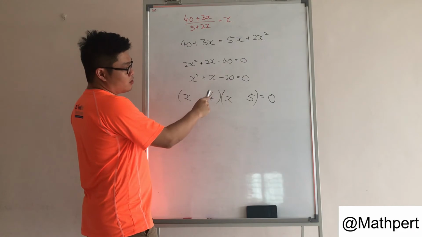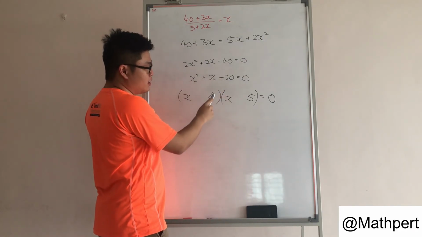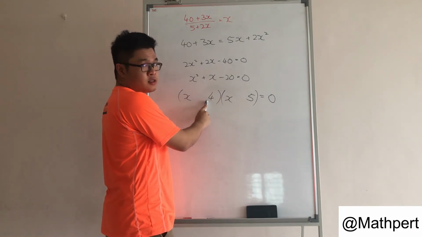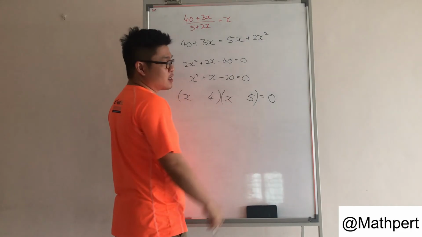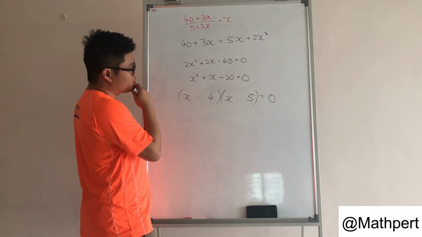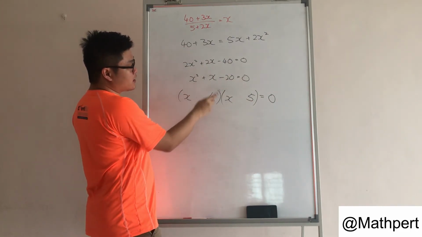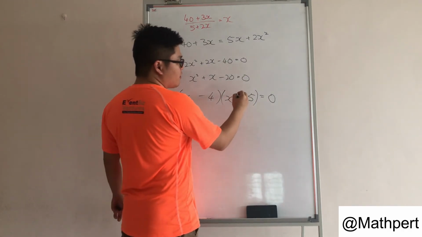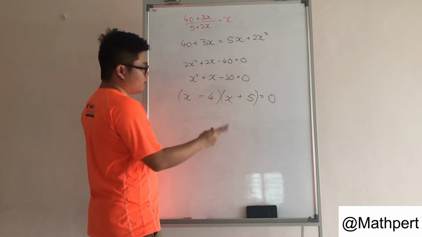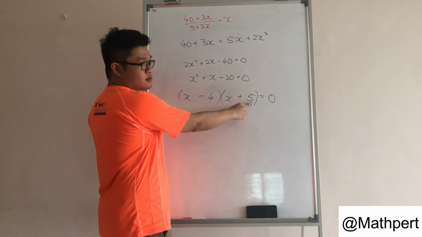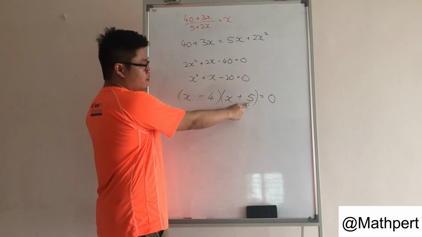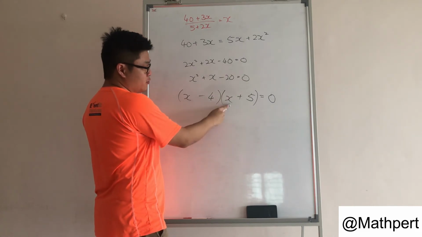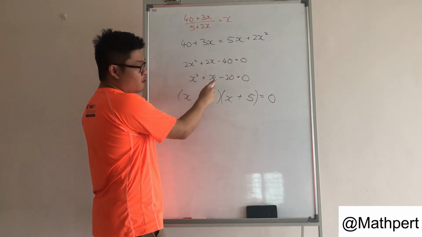So this is a negative 20. Either 4 is negative or 5 is negative. So which one should we choose? Okay, in this case, we are choosing 4 is negative, 5 is positive. Why? Because 5x, x multiply 5 is 5x minus 4x is equal to positive 4x.